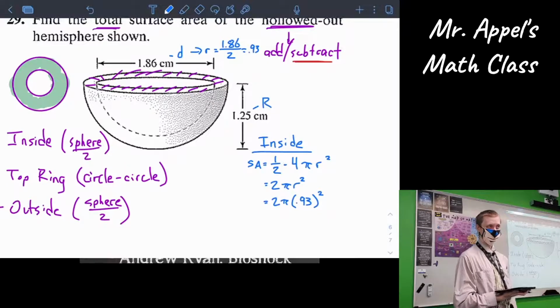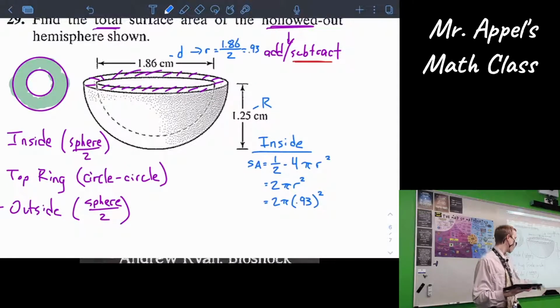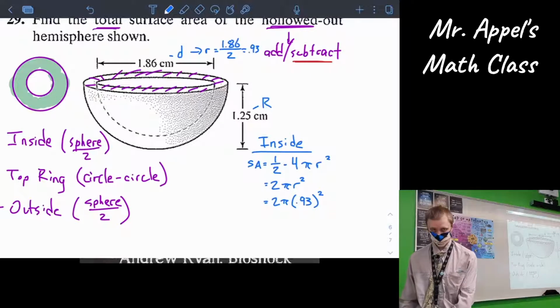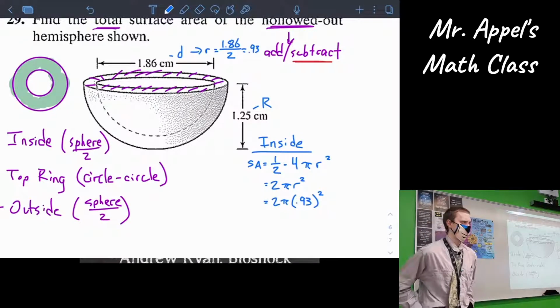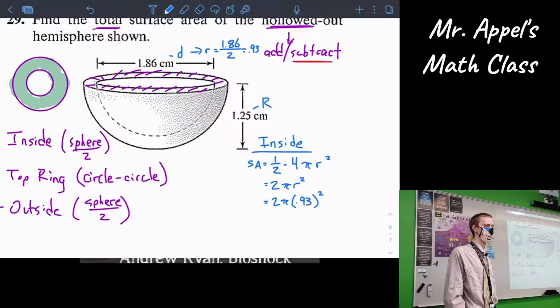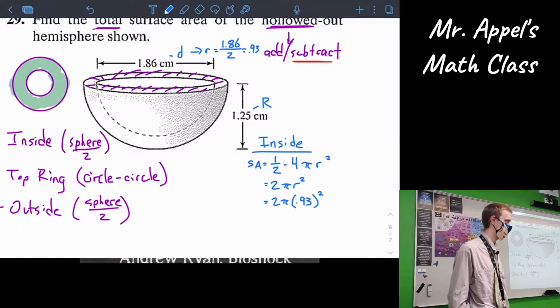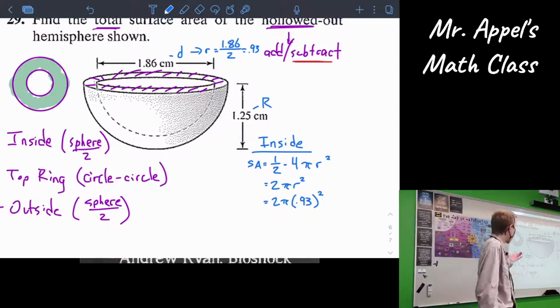Now we have to decide, do we leave this as is for now, or do we go ahead and get a decimal approximation because of that pi there? You can get a decimal approximation if you want. Maybe you will want to know that number by itself.